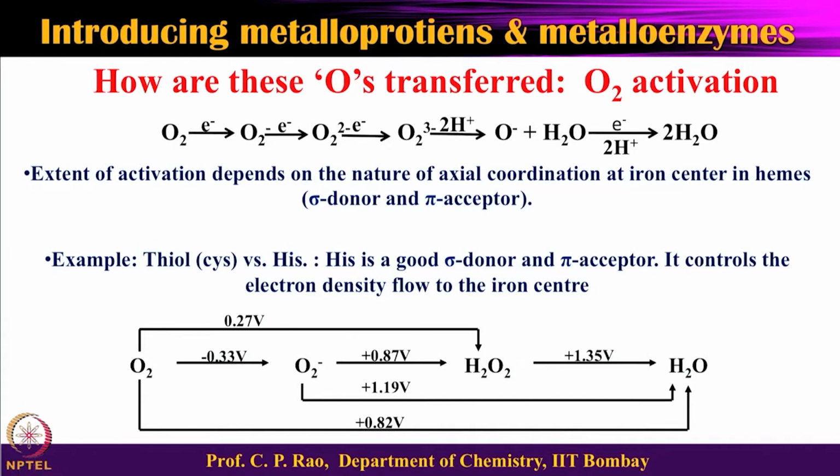Therefore, at the enzyme center, the O2 can be activated. So, at this stage, if you have a substrate, it can add one of the activated O's or both the activated O's to the substrate, and thereby it will turn out to be a monooxygenase or a dioxygenase. Let us look at a very popular enzyme as an example. A popular enzyme for this is cytochrome P450.